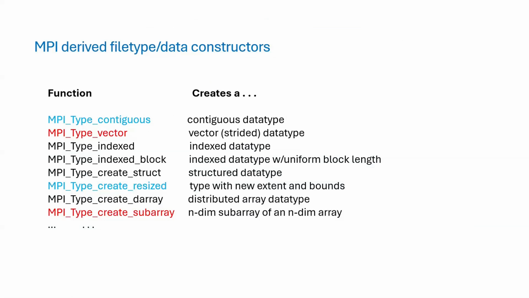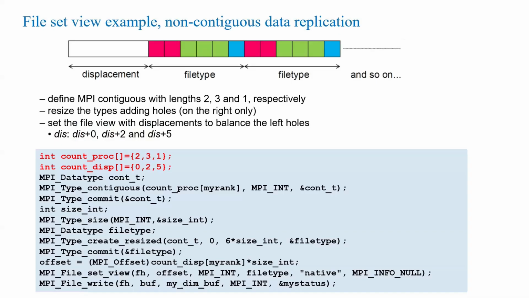So what we talked about just now is a file view. In this case, we brought up some new things, like some other function calls, and particularly you can define your own data type, your own file type.